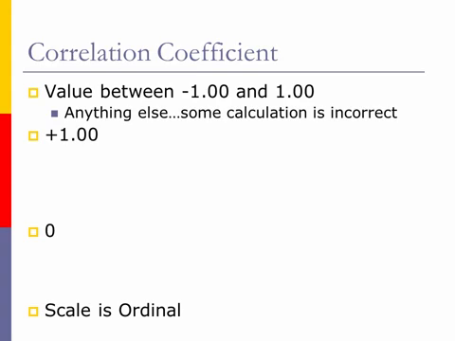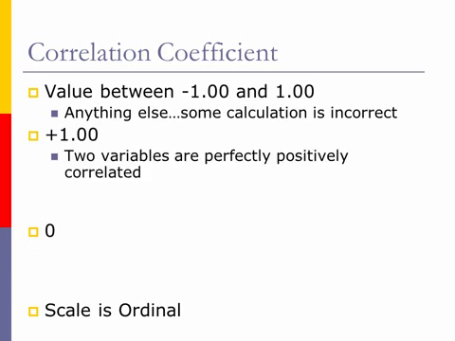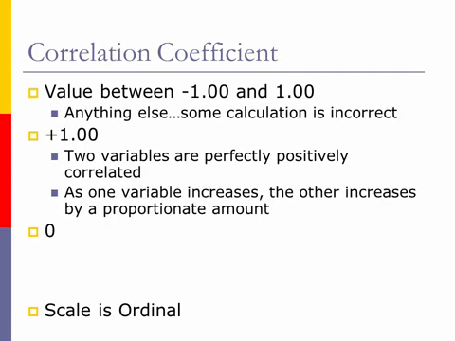If you have a +1, two variables are perfectly positively correlated. As one variable increases, the other one increases by a proportionate amount. And here's one of the downfalls with correlation. The proportionate amount, we don't know what that means. So just a minor downfall of correlation.